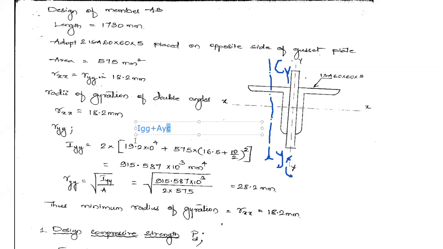The same has been applied. Where do you get this IgG? IgG can be obtained from the steel table. Area we have taken here as 575 mm square. YC we can obtain using the steel table. How you calculate YC is the centroidal distance from this face of the angle up to here, plus half the thickness of the gusset plate, 10/2.